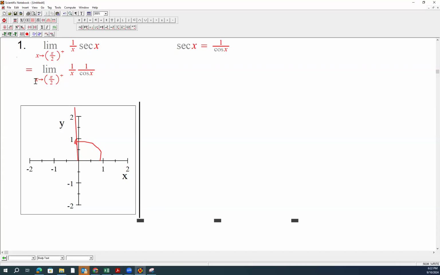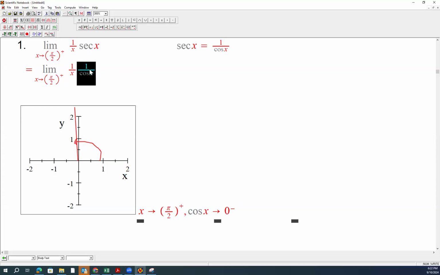As x approaches pi over 2 from larger than pi over 2, cosine x is approaching 0 from smaller than 0, so it's negative. So cosine x is approaching 0 from the negative side.